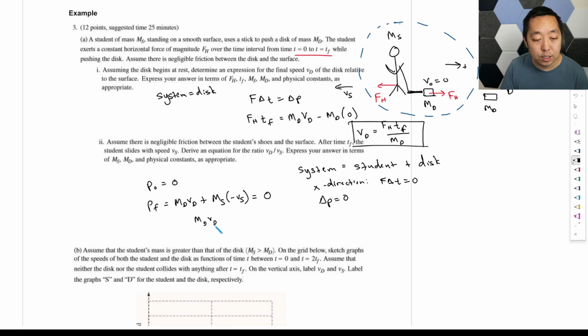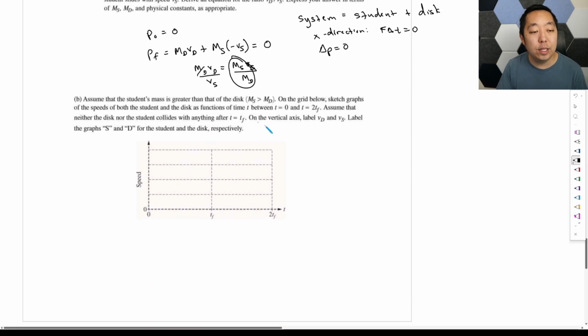So m_D v_D is equal to m_s v_s, just moving it over. Then if you solve for v_D over v_s, you get m_s over m_D. If you look back at that first lesson on impulse momentum, we got the same thing.